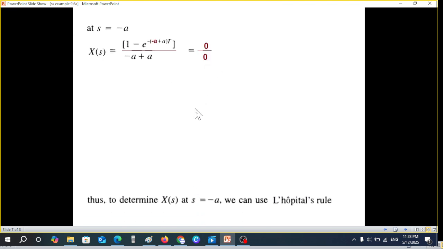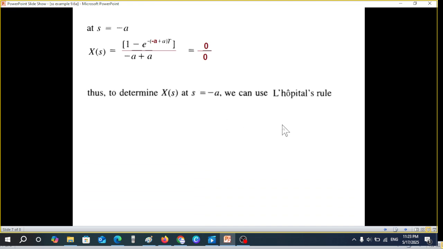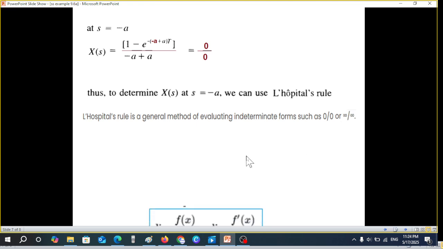For such a case, we use what is known as L'Hopital's rule. The rule says that there is a general method of evaluating indeterminate forms, such as 0 over 0, which is here, or infinity over infinity.